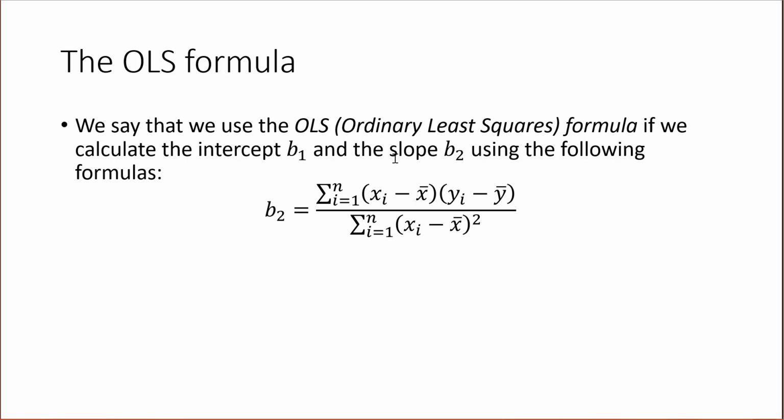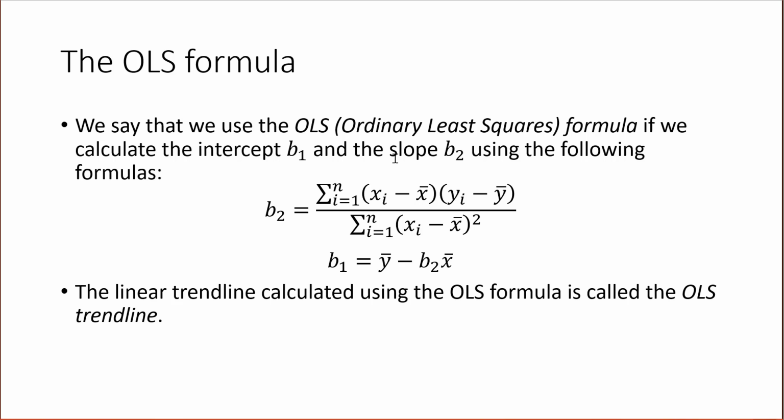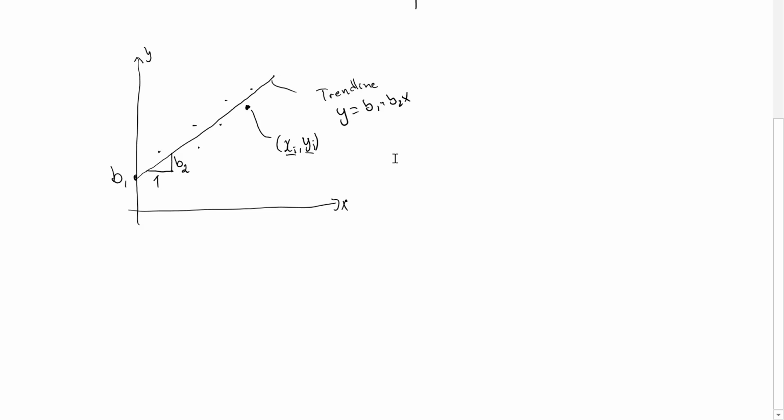The slope is calculated using this formula, and the intercept is calculated using this formula. These together are called the OLS formula, even though there are actually two of them. The particular trend line that we get from using these formulas is then called the OLS trend line. So the OLS trend line is just one possible way of finding a trend line, but it's typically a trend line that looks pretty good.